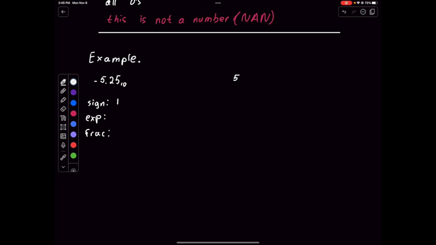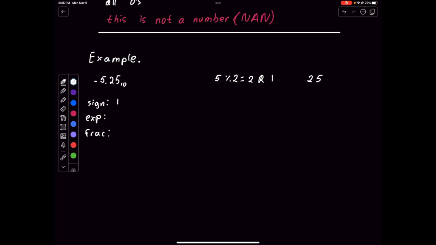So I'm going to put the value to the left of the decimal point here, and the value to the right of it over here. We're going to calculate the binary representation for both of those things. 5 divided by 2 is going to be 2 with a remainder of 1.